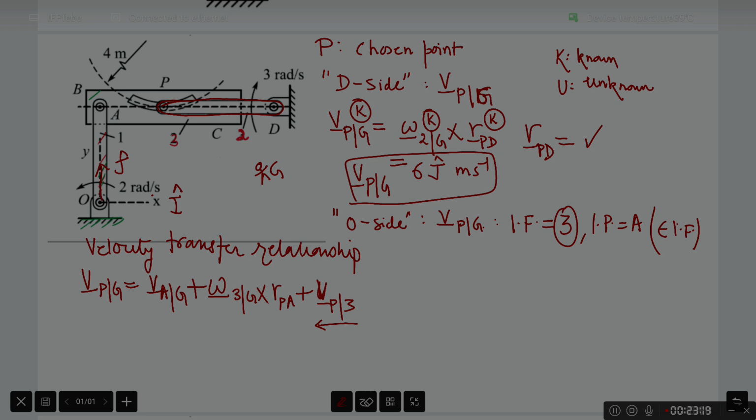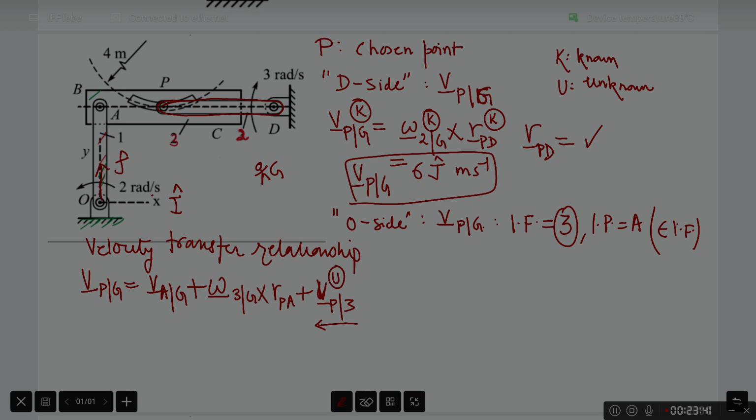If I come across an unknown quantity, I will have to do additional formulation for that. This is how I proceed. So the first quantity that comes on the right hand side of this equation is VP3. It turns out this is not a known quantity, it is an unknown quantity.